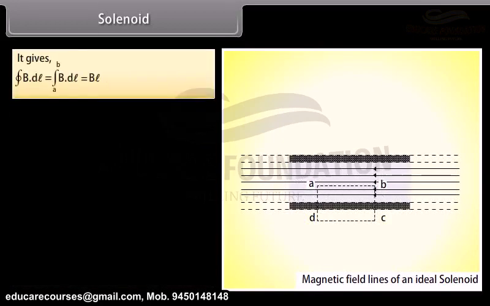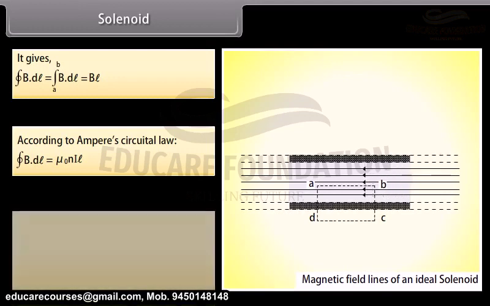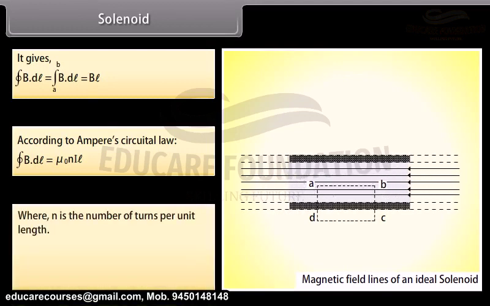It gives closed integral of B dot dl is equal to integration from a to b of B dot dl, which is equal to BL. According to Ampere's circuital law, closed integral of B dot dl is equal to mu naught nIL, where n is the number of turns per unit length. From the above two equations, we get the result B is equal to mu naught nI.